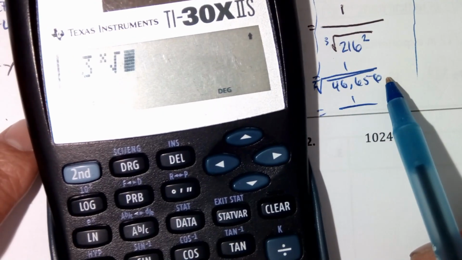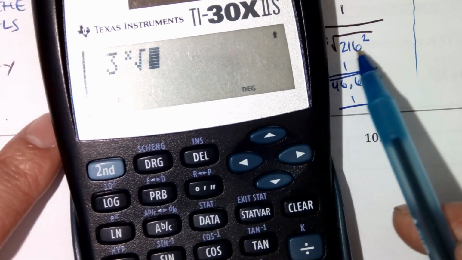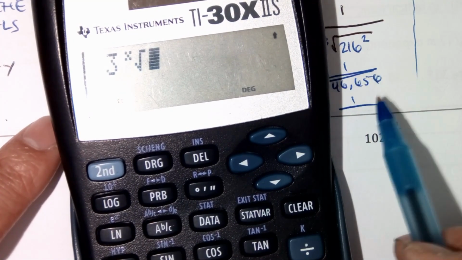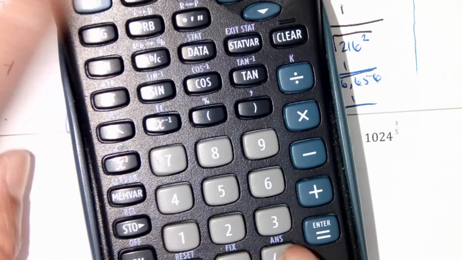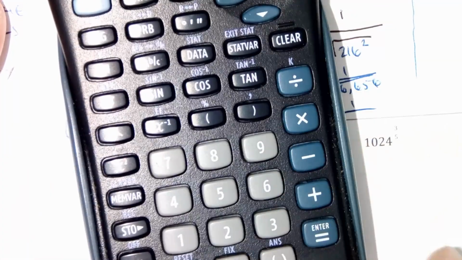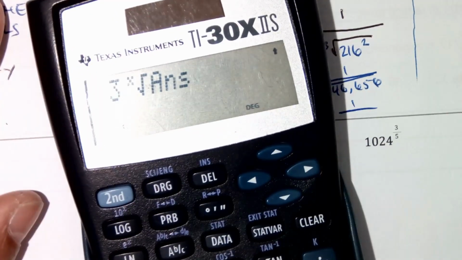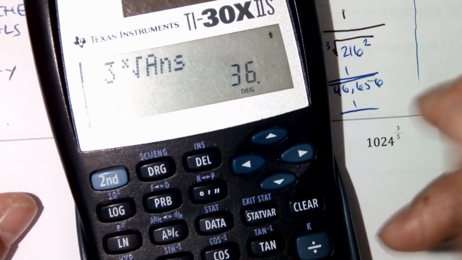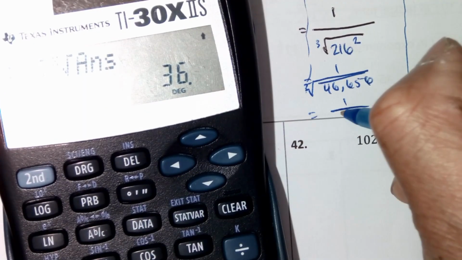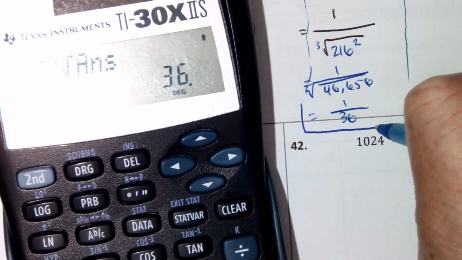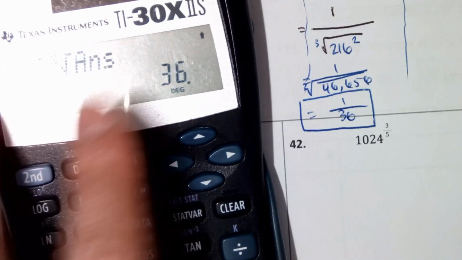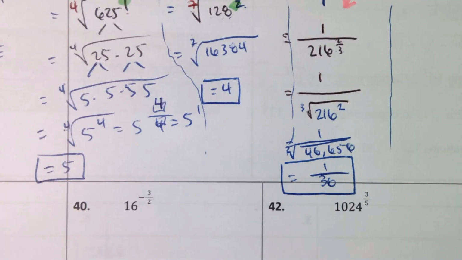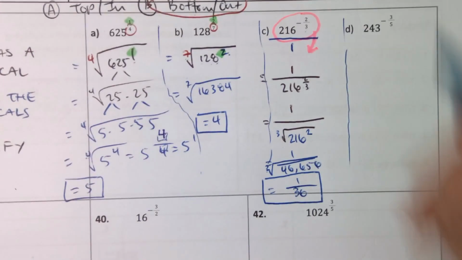You're going to type in your index first, and our answer is 36. So your answer is, pay attention, 1 over 36, not just 36.